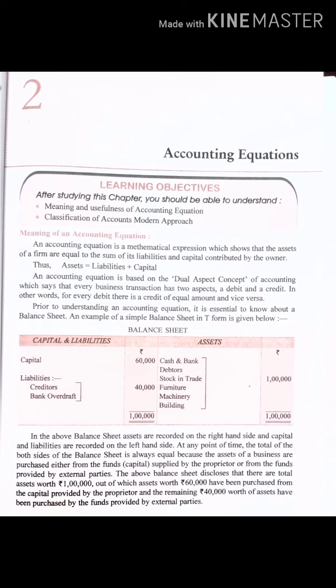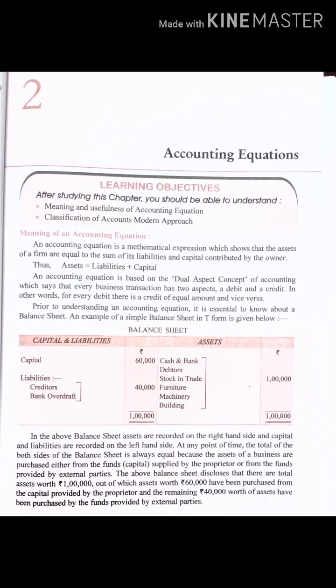Now an accounting equation is based on the dual aspect concept. What do you mean by dual aspect concept of accounting? That means every transaction has two aspects. Two aspects means one will be debited, another will be credited. How? Suppose you purchase goods.